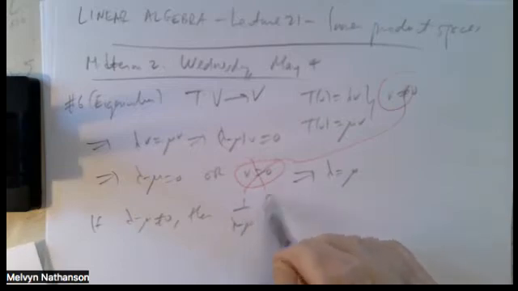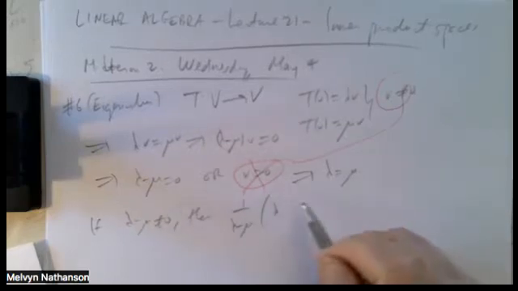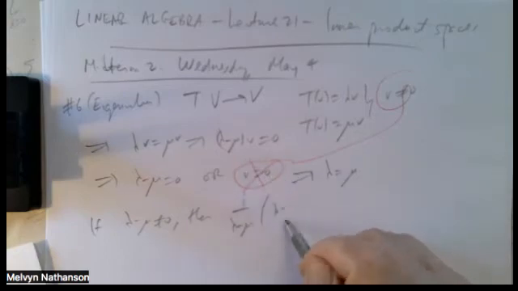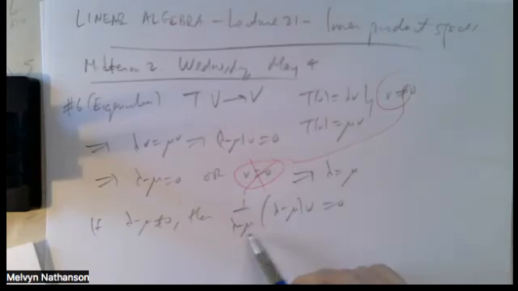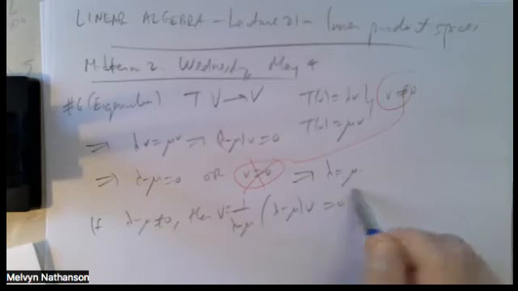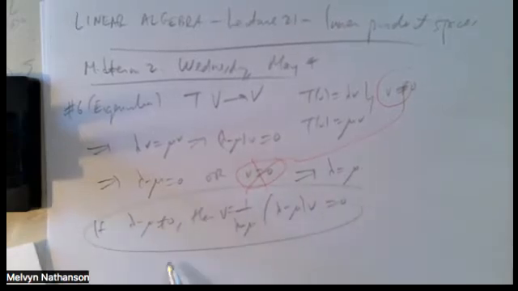So 1 over lambda minus mu times lambda minus mu V is 0, but 1 over lambda minus mu times lambda minus mu is just 1. This is just V. So V would be 0. But V is not 0. So it has to be the case that lambda equals mu. Questions about that?